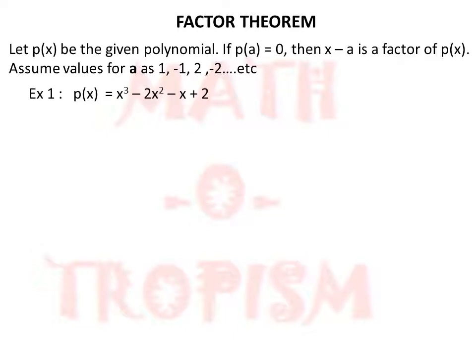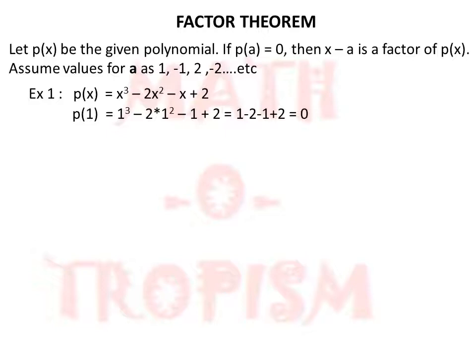So let us take an example. P of x is x cube minus 2x square minus x plus 2. Now, since we are starting with 1, when I substitute 1 instead of x, p of 1 will be 1 cube minus 2 into 1 square minus 1 plus 2, which is equal to 1 minus 2 minus 1 plus 2, which gives 0.